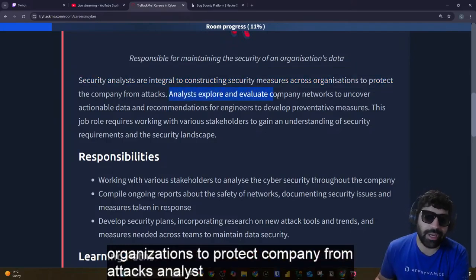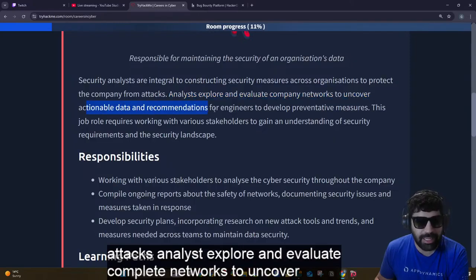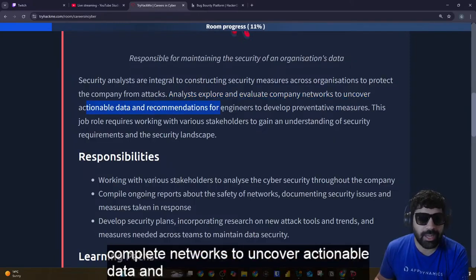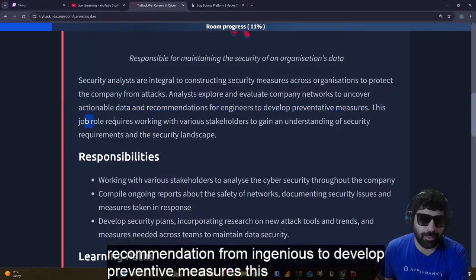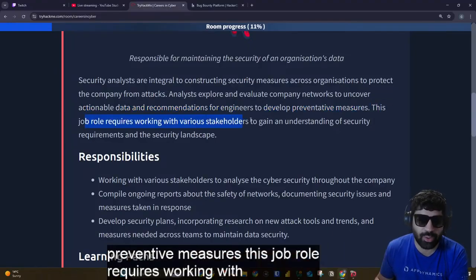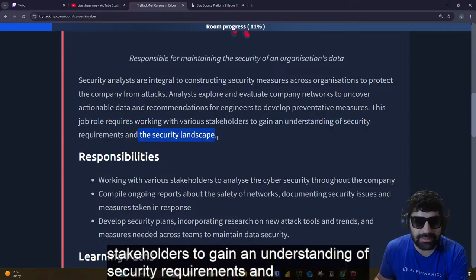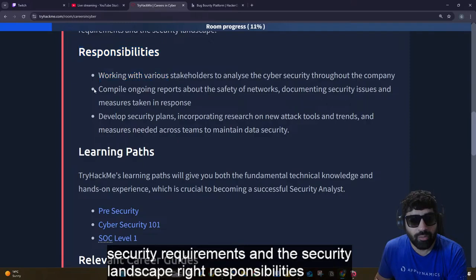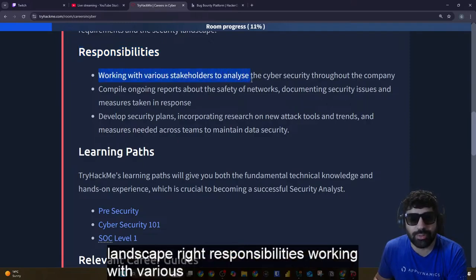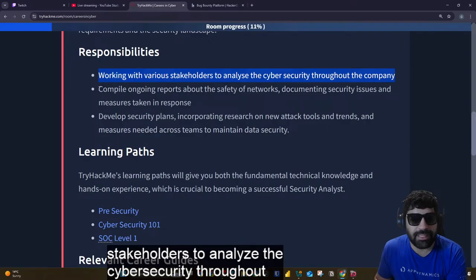Analysts explore and evaluate companies' networks to uncover actionable data and recommendations from engineers to develop preventive measures. This job role requires working with various stakeholders to gain an understanding of security requirements and the security landscape, right? Responsibilities: working with various stakeholders to analyze the cybersecurity throughout the company, compile.